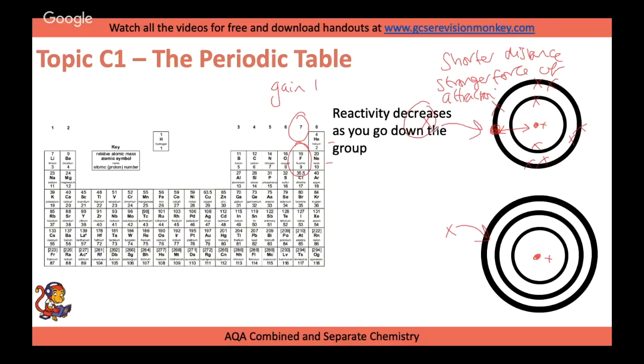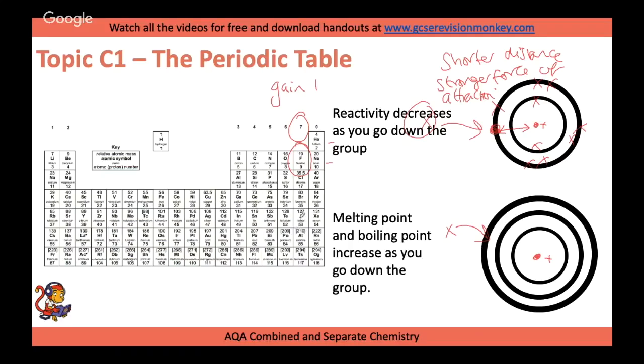So actually for group 7, the reactivity is highest at the top and it decreases as you go down. And remember I said the opposite with the melting and boiling points, so they increase as you go down.